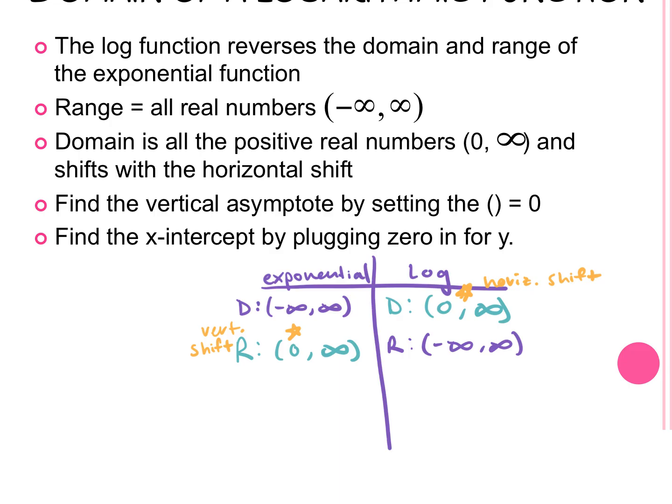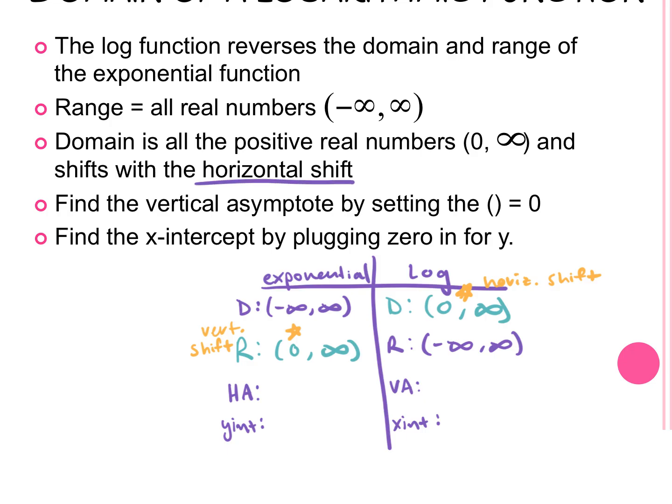And then for our exponential functions, we had a horizontal asymptote and a y-intercept. For our log graphs, we're going to have a vertical asymptote and an x-intercept. Now our domain is going to be positive real numbers, and it's going to shift if we have a horizontal shift.